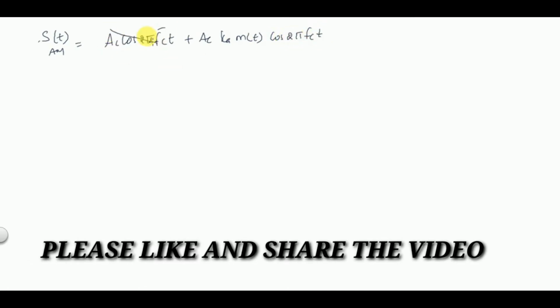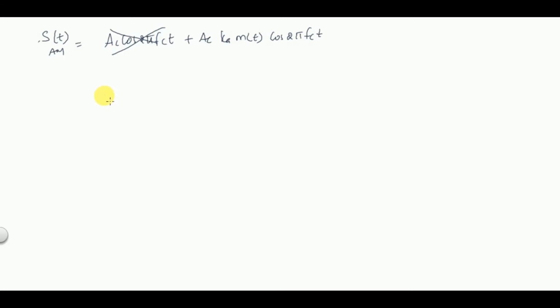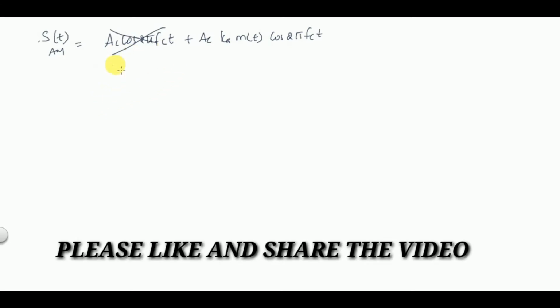So S of t of AM is given by AC cos 2 pi FCT plus AC Ka m of t into cos 2 pi FCT. From AM we are going to suppress this first term, that is carrier alone transmission. So we are getting the DSBSC.